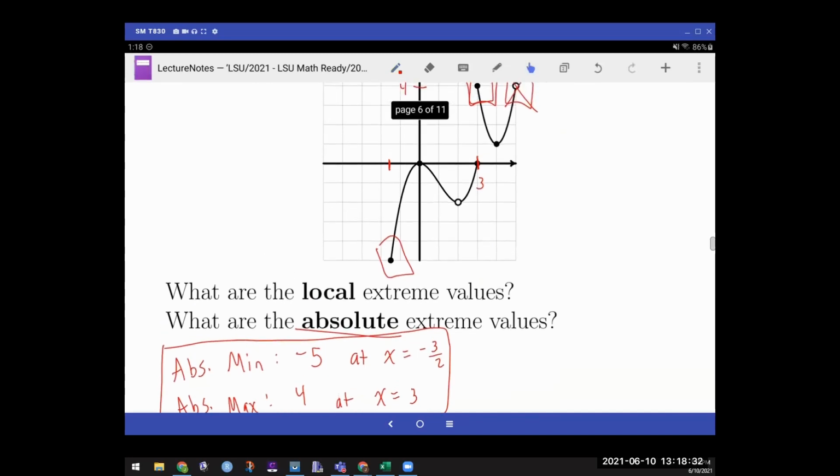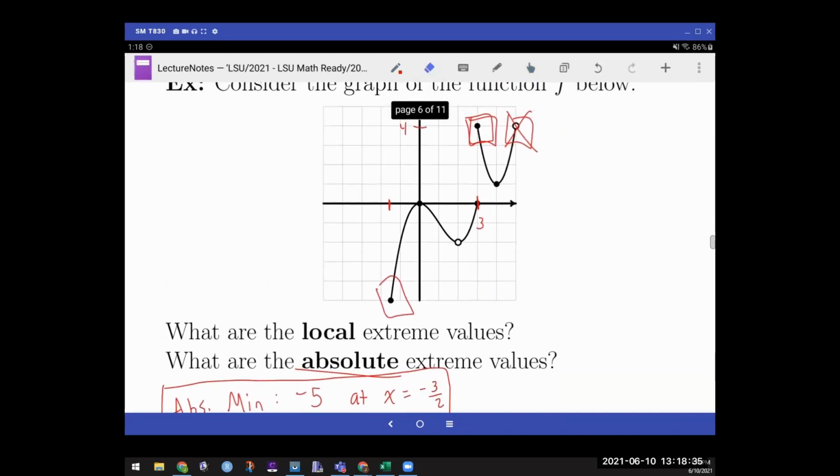Okay, so then let's talk about local. Local is a little bit different. If a point is going to be a local maximum or a local minimum, it has to be surrounded by some other points. We'd say it has to be in its own little neighborhood. For example, this point right here is not a local minimum, because we don't have anything to the left of it.